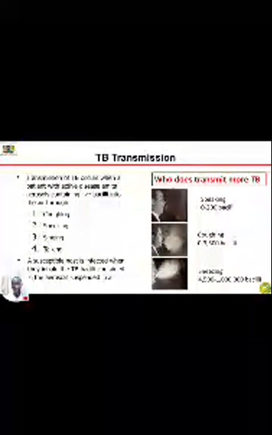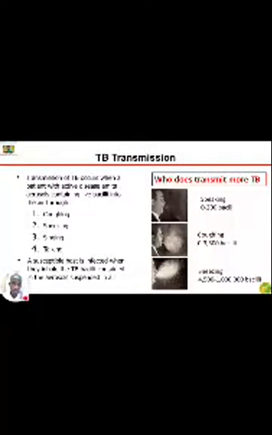Basically, this is just to make us understand how tuberculosis is transmitted. As we can see on the left side, this is how it spreads. Someone who has active tuberculosis spreads TB.